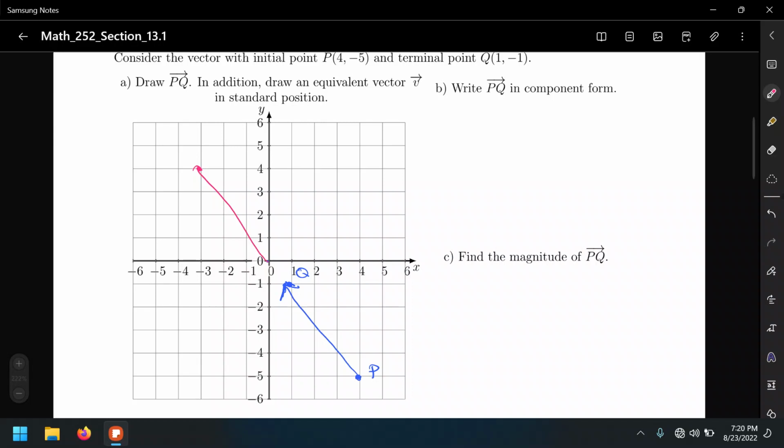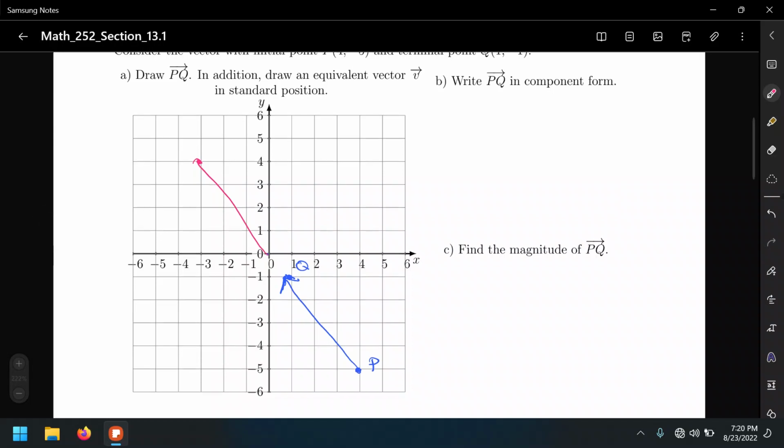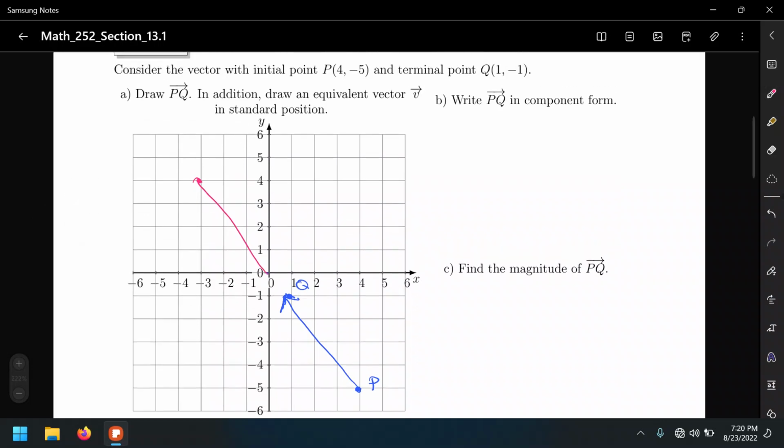All right. Let's write PQ in component form. How do we do that? All we do is subtract the x component, comma, subtract the y component. In this case, the vector PQ is going to be terminal minus initial.